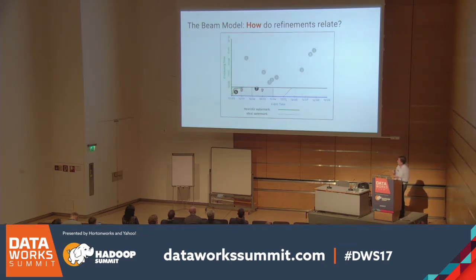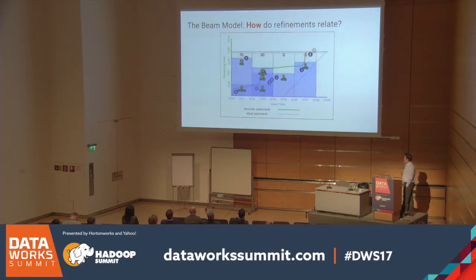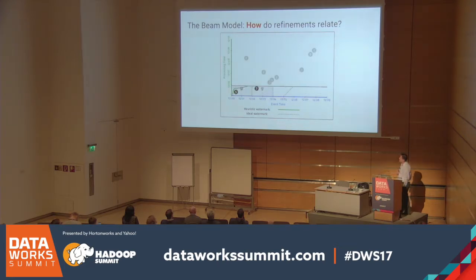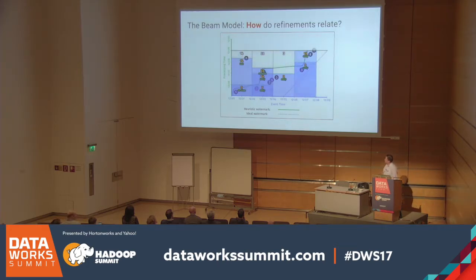So let's see how this looks on the same diagram. The picture gets a little bit more complicated, but we see that for the first window, we have the result of 5 when the system believes that all the elements are processed. And then the system encounters element 9, which is late, and the late firing corrects the sum from 5 to 14 for the first window.